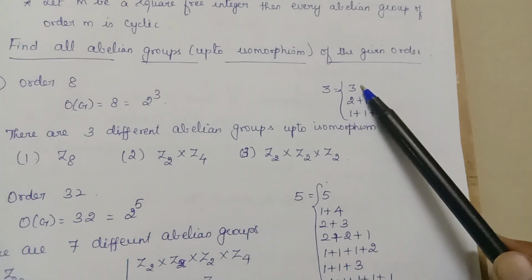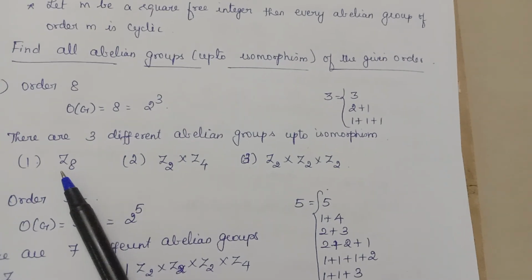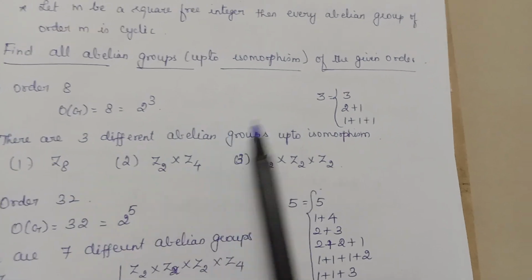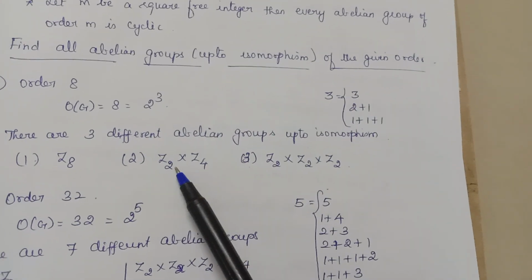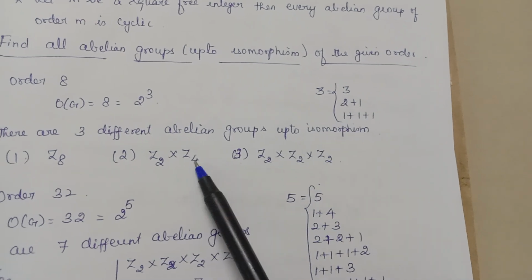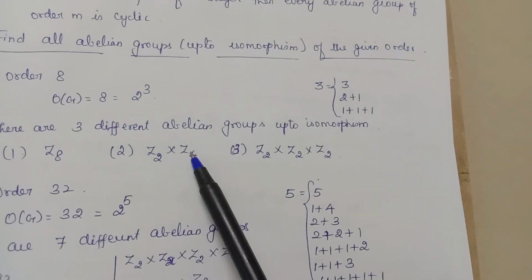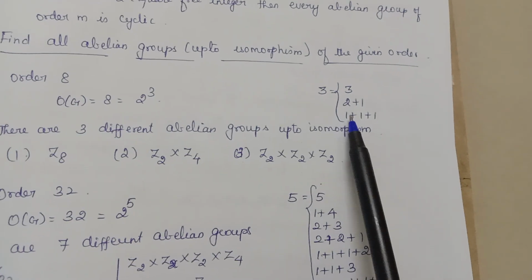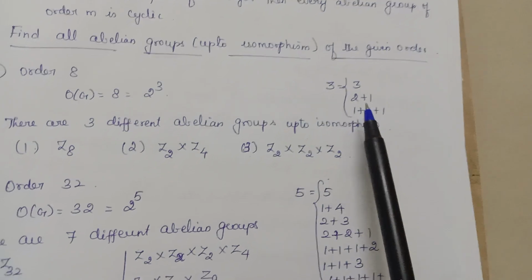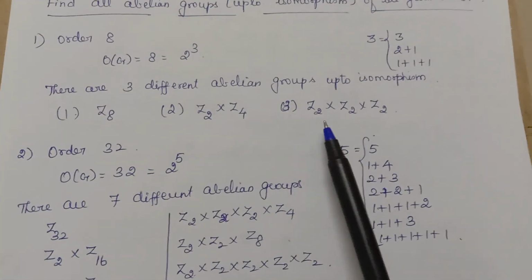For 3, this is Z_8. Next one, 2 comma 1 means Z_4 cross Z_2. And this is Z_2 cross Z_2 cross Z_2. Okay. So these are the different groups up to isomorphism of order 8.